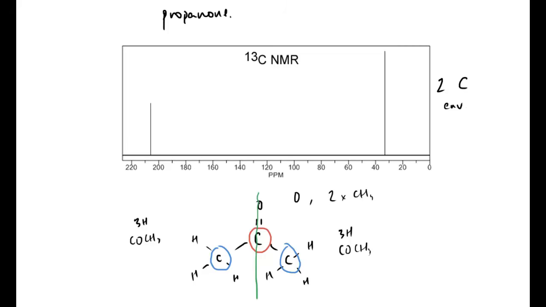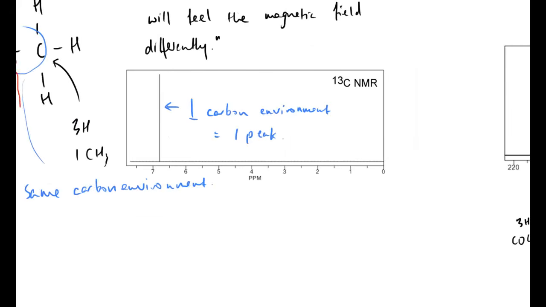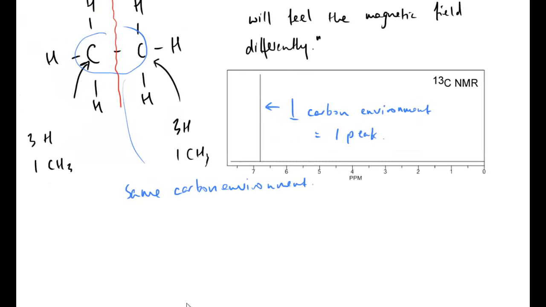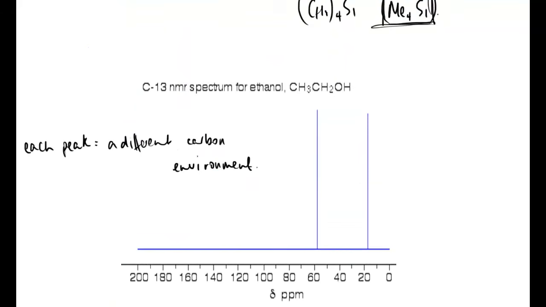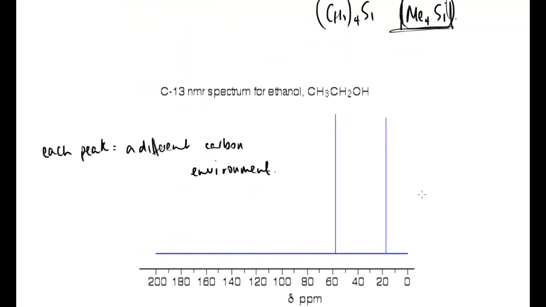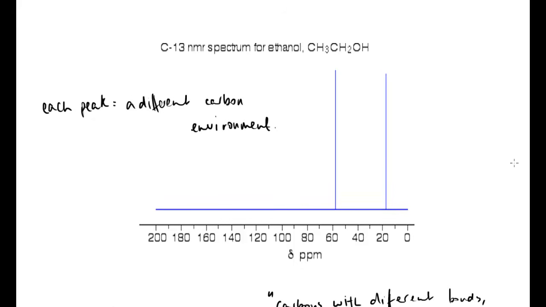So, 2 peaks. Now, if we go back up, to ethanol, then actually now we can look and say, right, well, ethanol, what was happening here? Well, draw ethanol out and see what it looks like. CH3, CH2, OH. So here we've got a CH3, a CH2, and an OH.